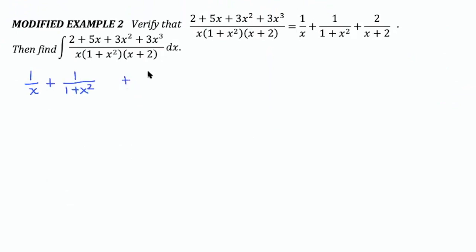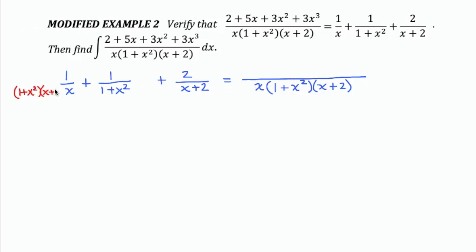So again, I'm going to begin on the side with the separate fractions. And I'm again going to want to go about getting a common denominator. Now the common denominator, in this case, I'm just going to take each of these individual denominators and line them up together. Now, just like before, I'm going to go back to each of the fractions on the left and figure out which parts of that common denominator they're missing. So the first fraction has the x. It's missing 1 plus x squared and x plus 2 on the bottom.